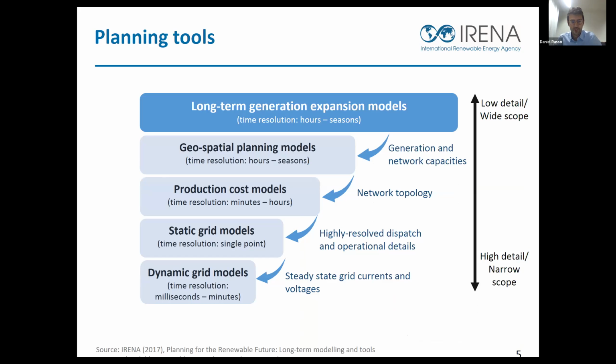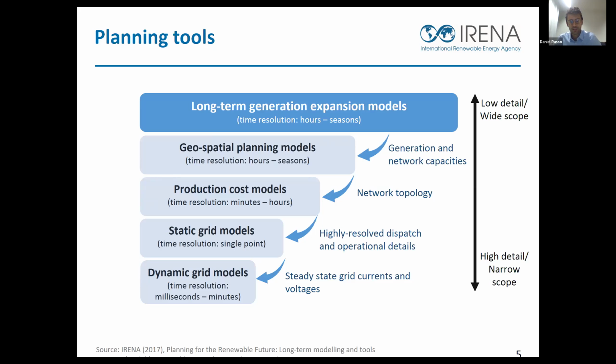And what this shows here is kind of the typical process, at least historically, how this would work. You would have a model that would look long-term into the future, maybe in the time resolution of seasons, years, hours, and then you would get a sense of what type of power generation capacity you would need, say 10 years from now.